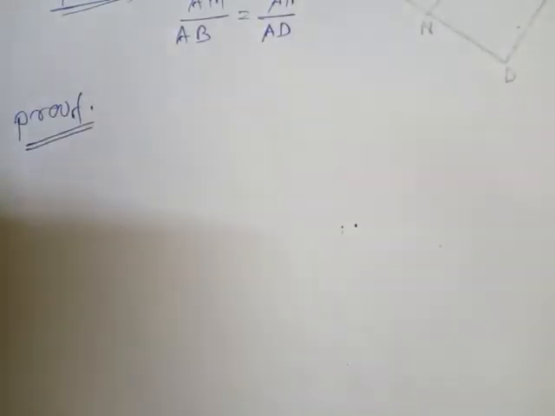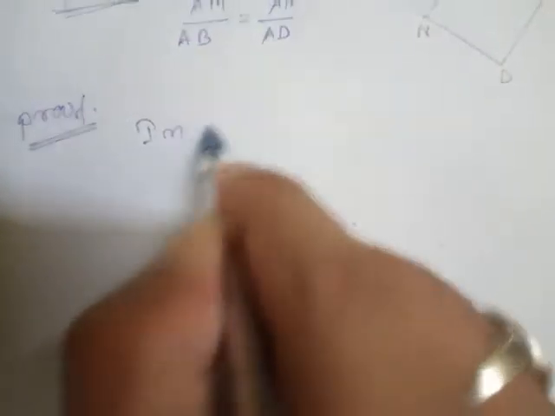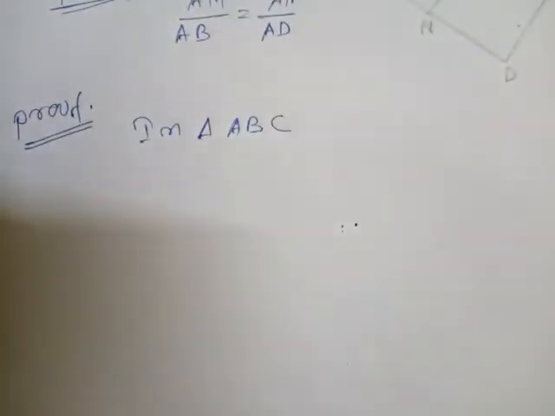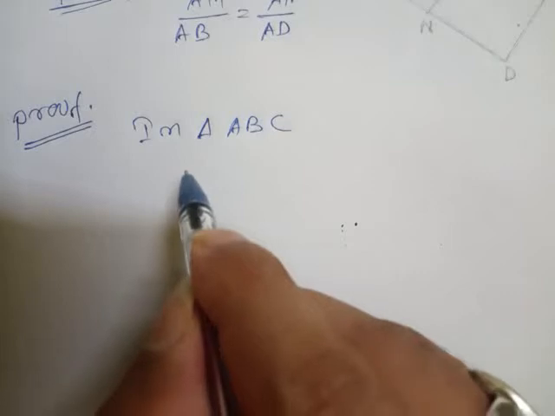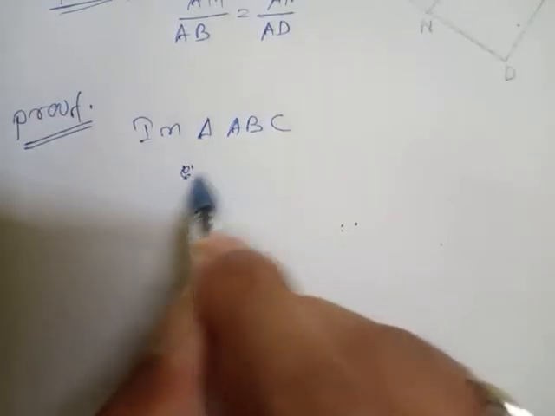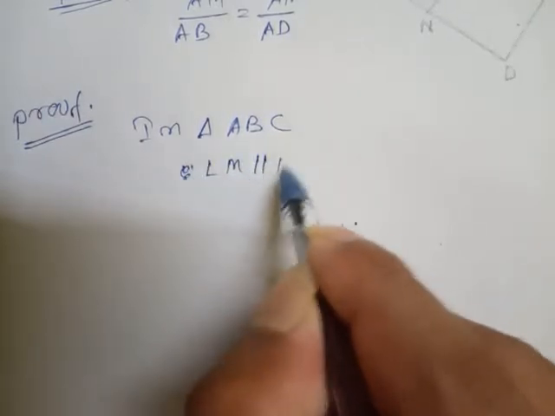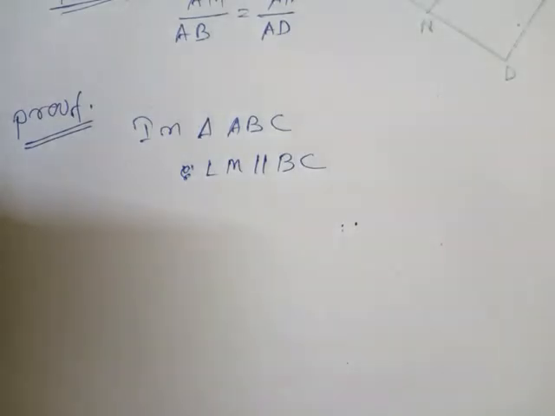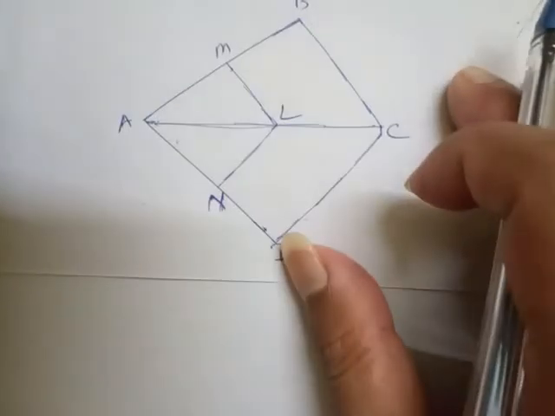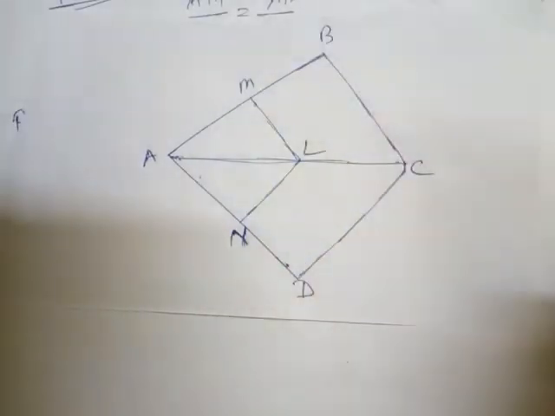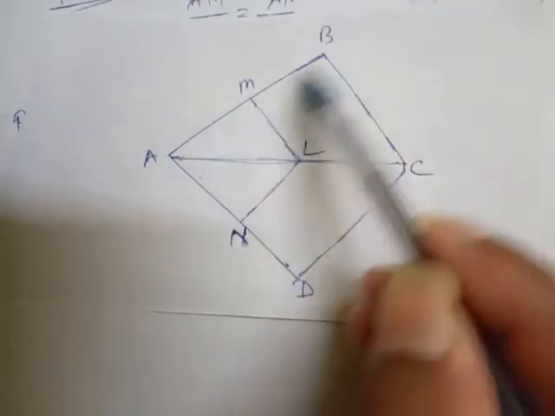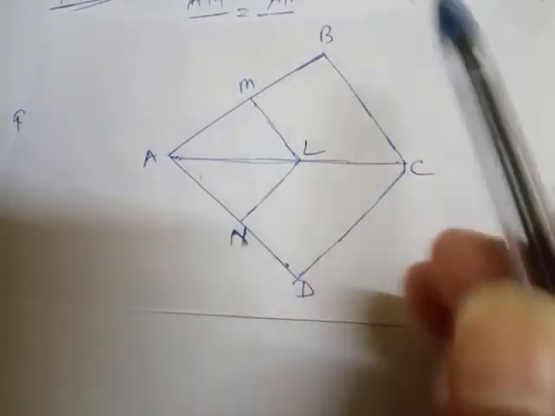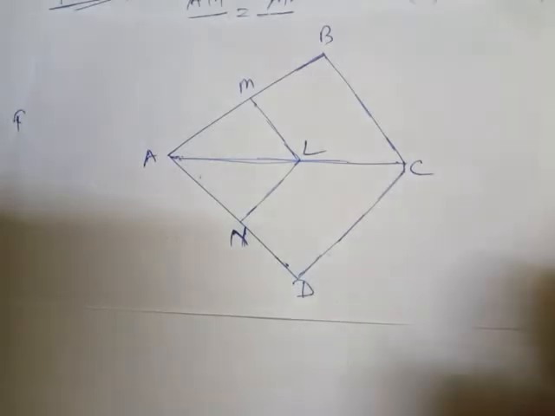Now look here, I am writing in triangle ABC, LM parallel to BC. Okay, now look, if LM is parallel to BC, then we can say that AM by MB equals AL by LC by the basic proportionality theorem.